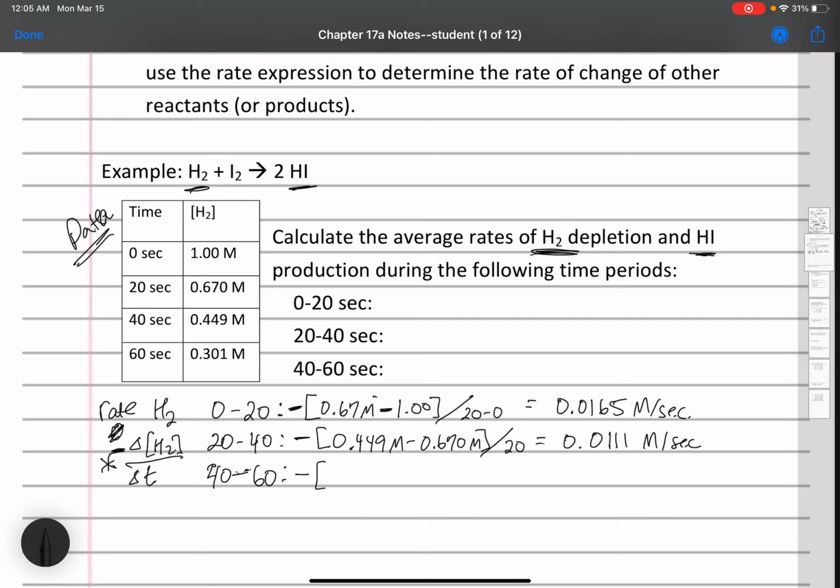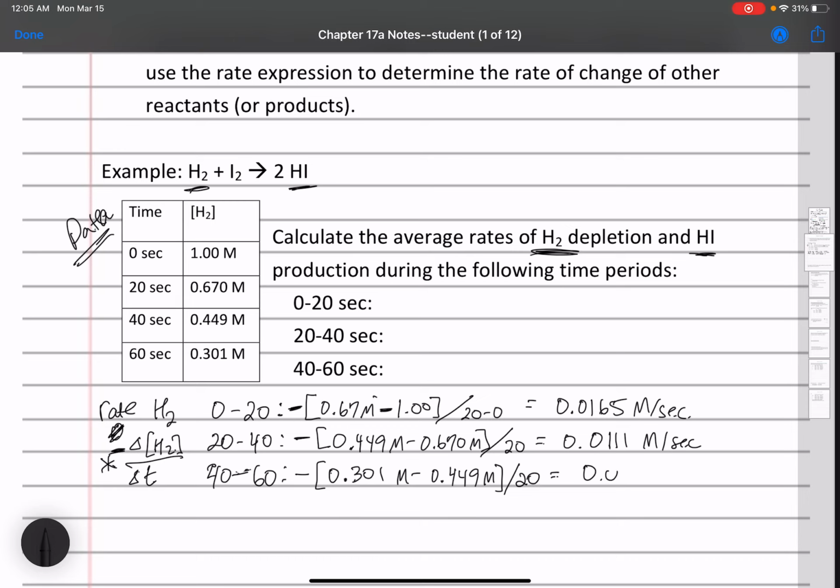And then in the third time point, the third 20-second interval, our final concentration at 60 seconds is 0.301 molar minus the concentration at 40 seconds. And again, we have a change in time of 20 seconds.